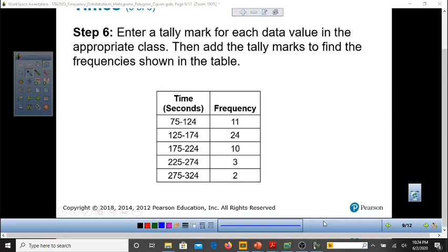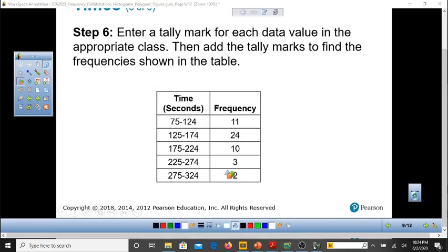Now, what am I going to add on here? I'm going to add on a couple of extra columns right now. And those extra columns are going to indicate some information I'll need to use later on. I'm going to add on a column to represent my class midpoints, and I'm going to add another column to represent my class boundaries. So I'm going to just extend my table here a bit.